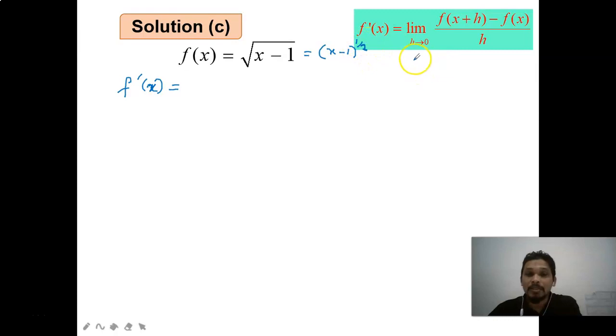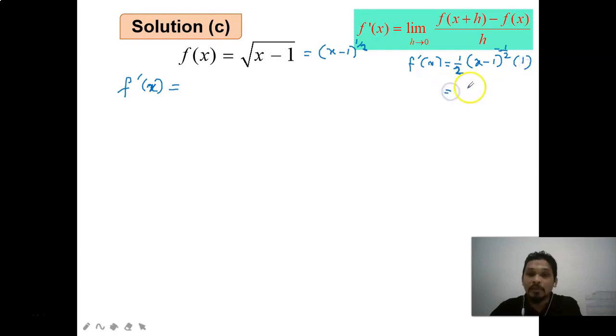Okay, so we keep this as a reference for our final answer. f prime x for this one: bring half, 1 over 2, (x minus 1) to the power of half minus 1, equal to negative 1 over 2, and differentiate x minus 1 equal to 1.